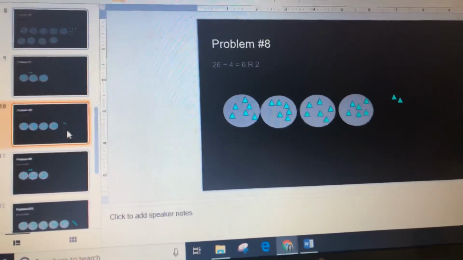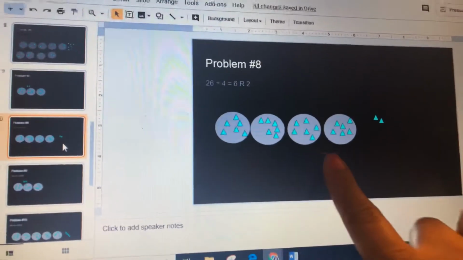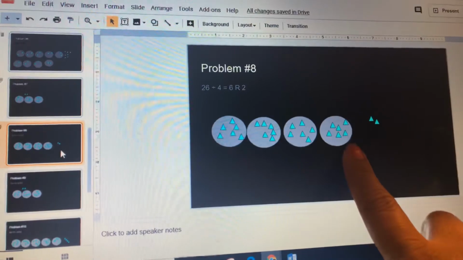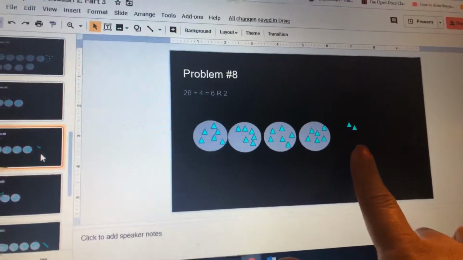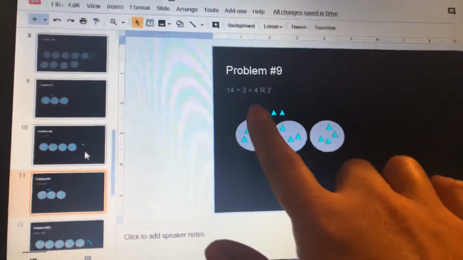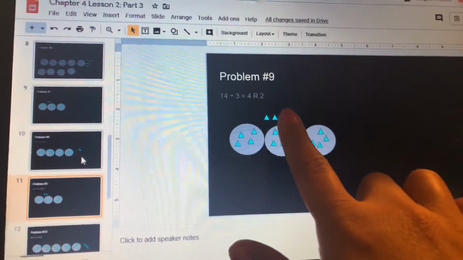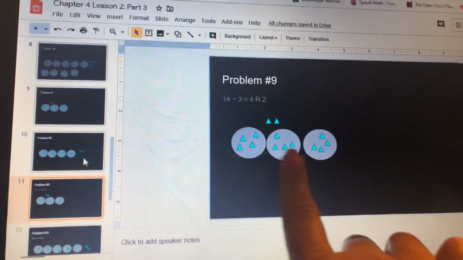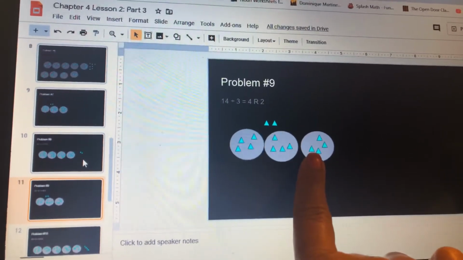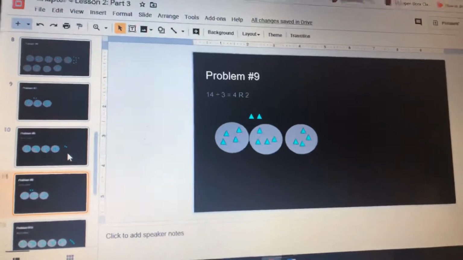Number 8 should be 4 circles, 6 in each circle, with a remaining of 2. The next problem, 14 divided by 3 should be 4 with a remainder of 2. 4 in each circle, 3 circles total, 2 outside of that circle.